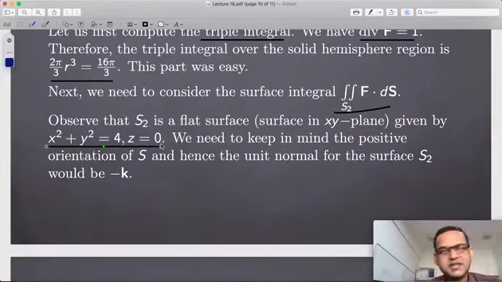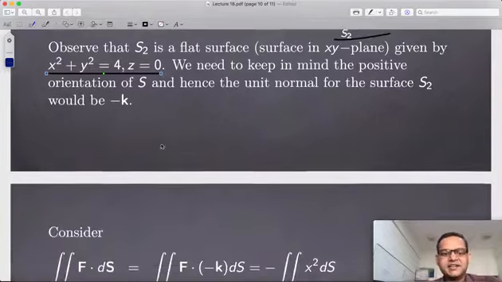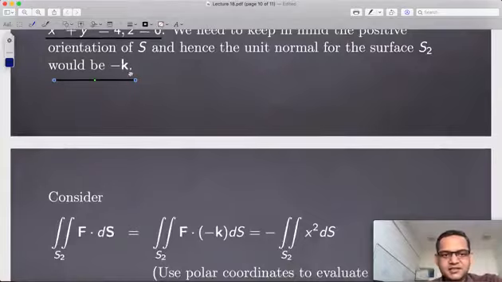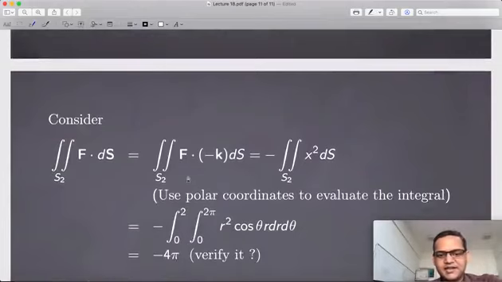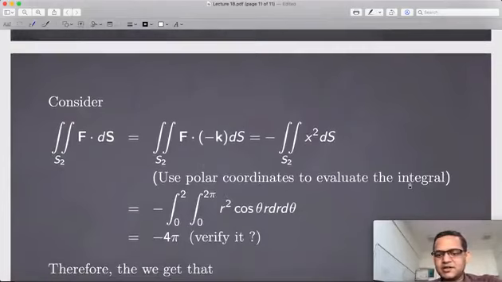Whenever you are dealing with integrals over disks, you just use polar coordinates, and because of the positive orientation, the normal vector you have to consider is minus k. So put all that together, write down this double integral, and use polar coordinates.